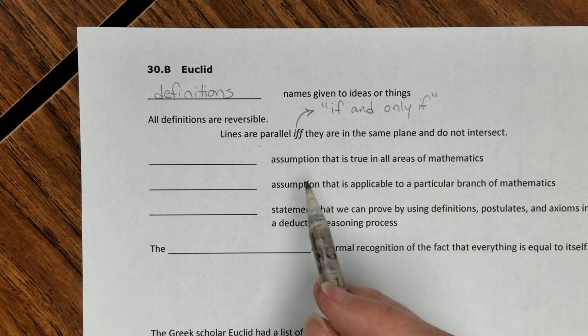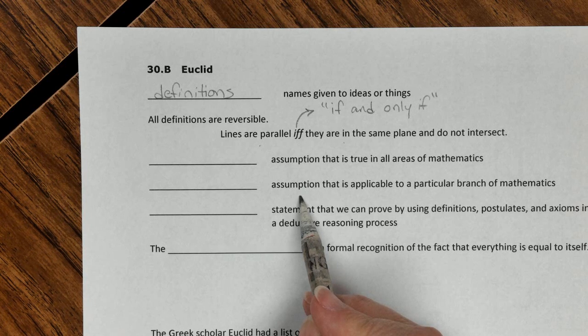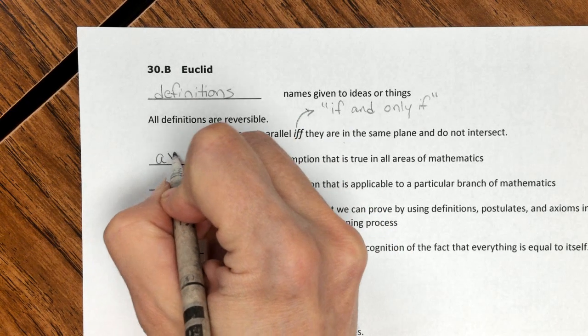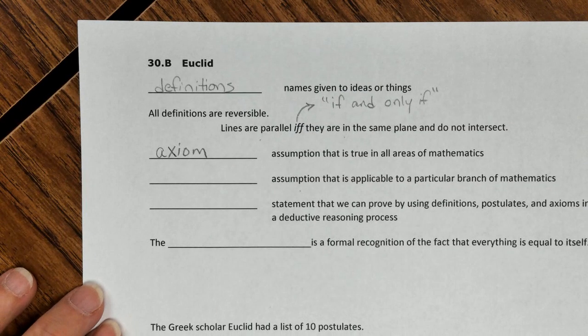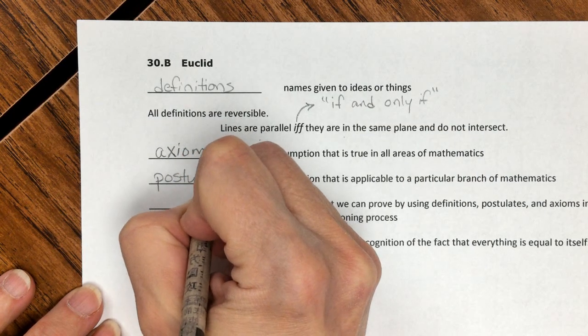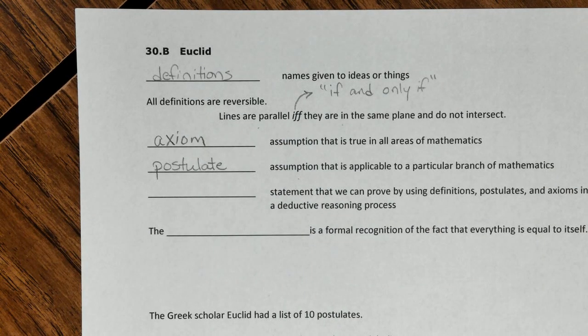Now, there are a couple of different kinds of assumptions, and they each have their own name. An assumption that is true everywhere, in all areas of mathematics, that is called an axiom. And an assumption that applies to a particular branch of mathematics is a postulate. Either way, those are assumptions. They are things that we just generally take to be true without proof.